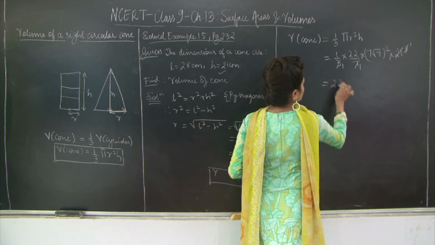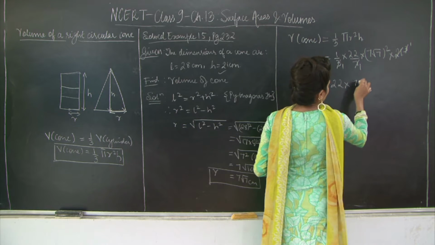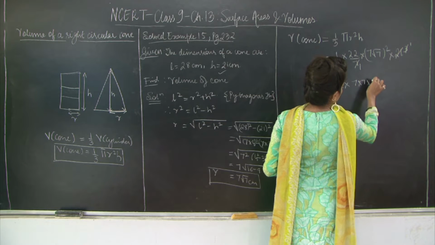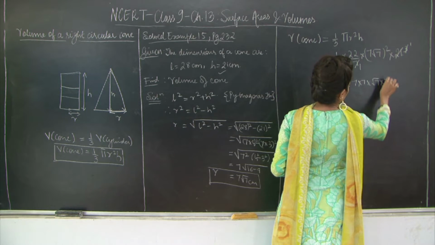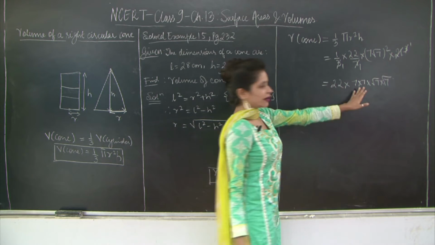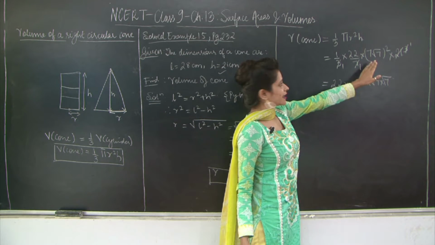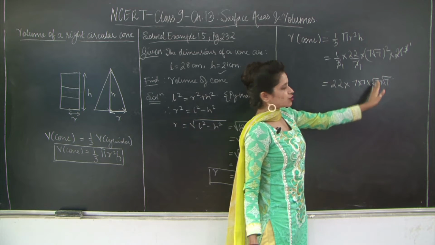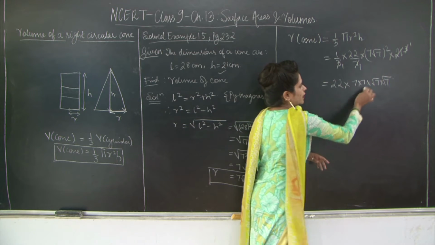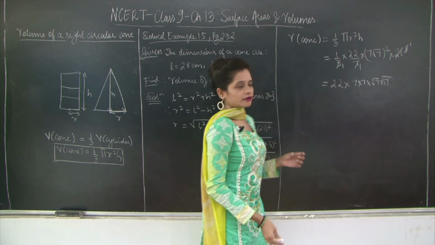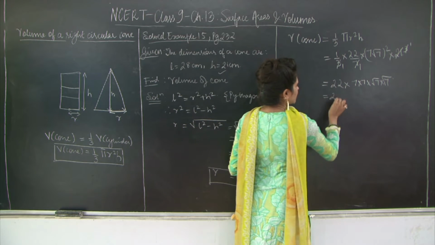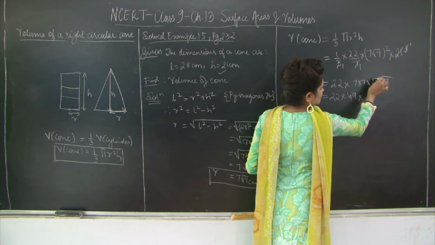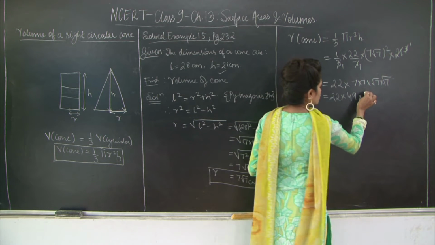And this will be 22 into 7 into 7 into root 7 into root 7, right? And when I square this term, what do I get? (7 root 7) the whole square, which is 7 square into (root 7) the whole square. Got that? So this is going to be 22 into 7 sevens are 49, and root 7 into root 7 is going to give you 7.